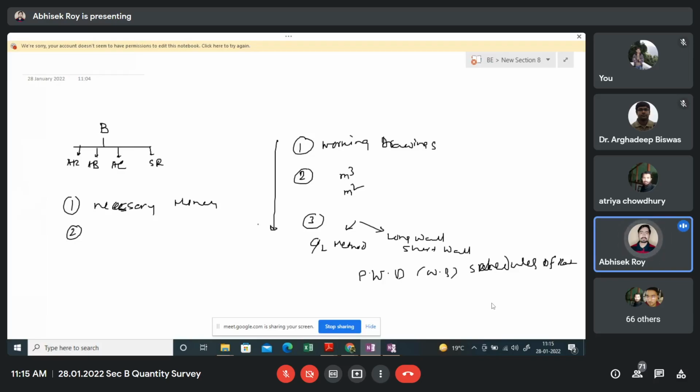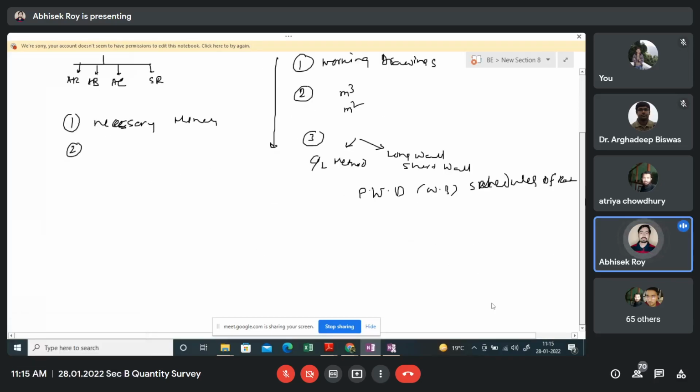So in this way, we will do this quantity surveying, and at the end, if we get time, then obviously we will introduce you. Obviously, we will not teach you. We will introduce you to some advanced topics, some advanced software by which you can actually perform these things in the actual field. So this is the basic, and that learning is very necessary.